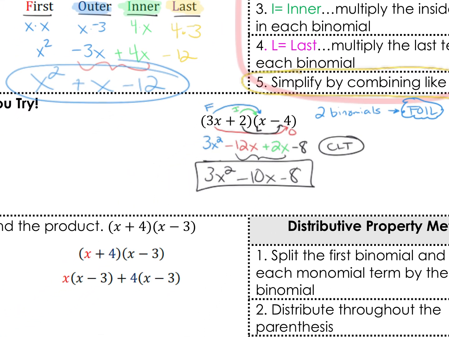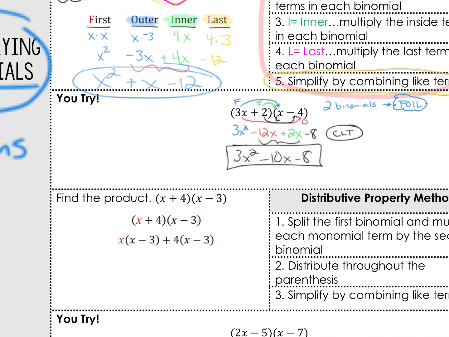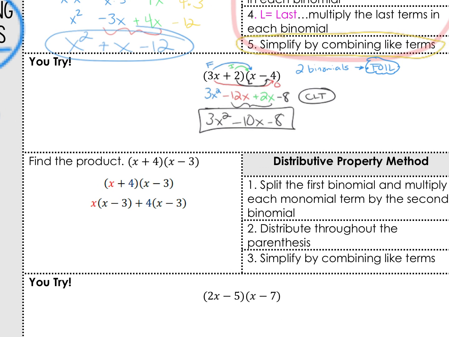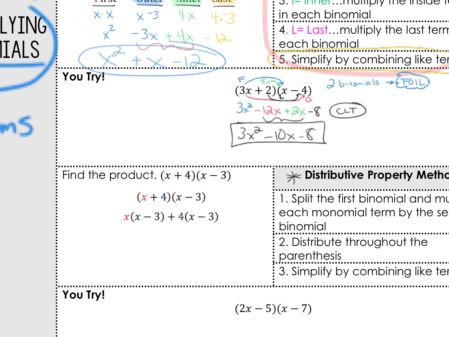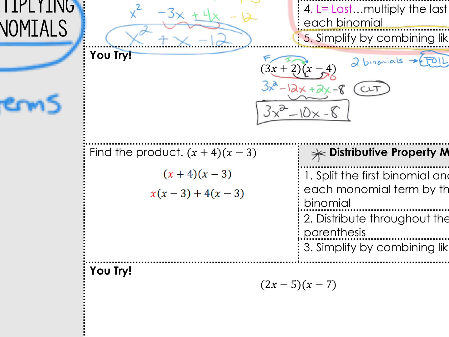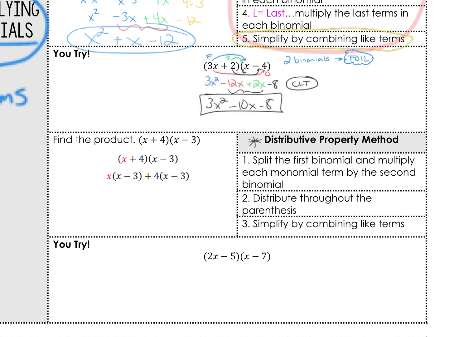Now, the FOIL method is something that you'll hear a lot, but you could also multiply two binomials with just the regular distributive property. So if we went back to that first problem, x plus 4 times x minus 3, what they're suggesting to do is to split the first binomial and multiply each monomial term by the second binomial.